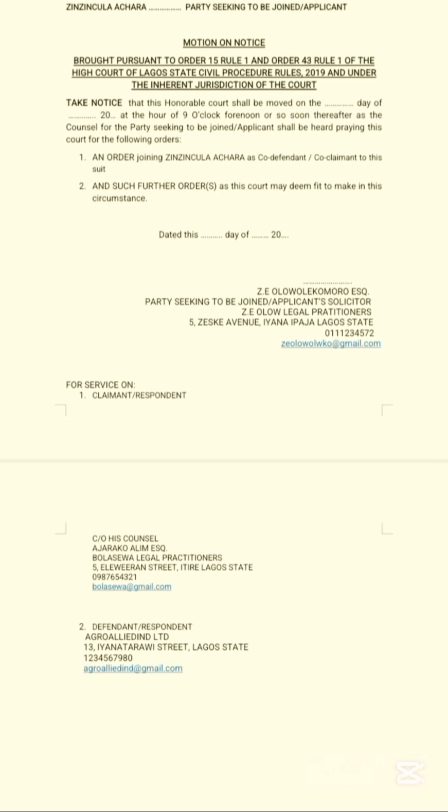So if you have the address of the lawyer handling the case, then you write C/O. The meaning of C/O is that you are serving it to the lawyer in care of. So the application is in care of the counsel of the claimant respondent. Do you understand? Then you write the name of the lawyer, then the address and every other thing.